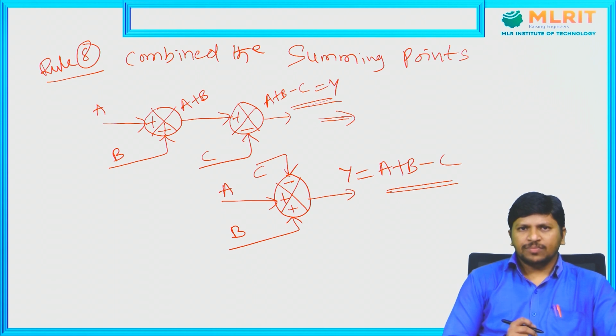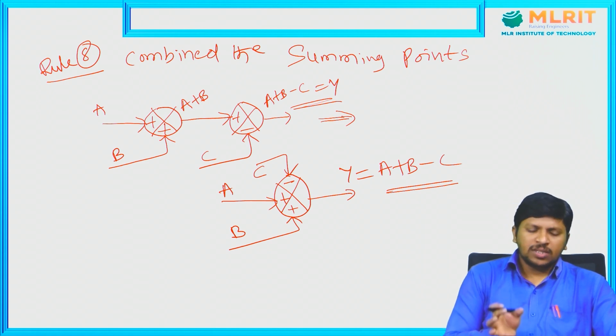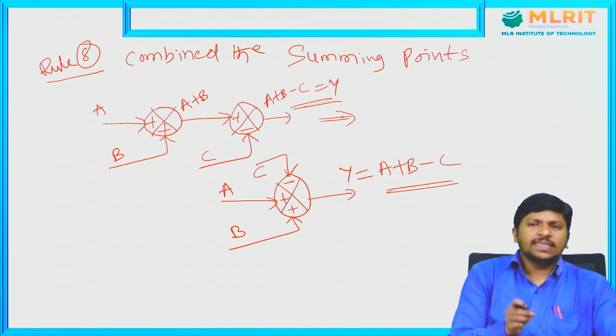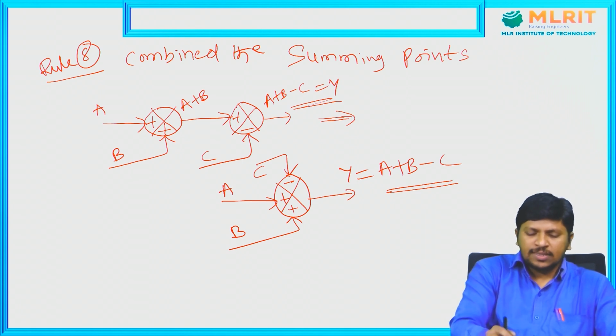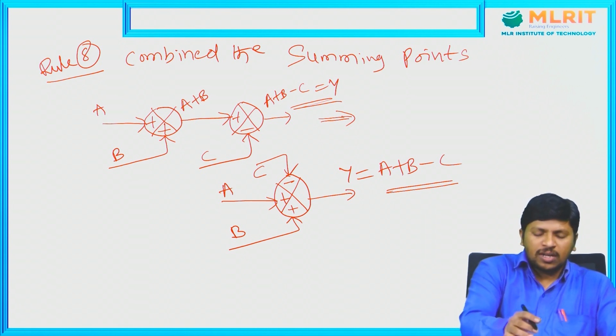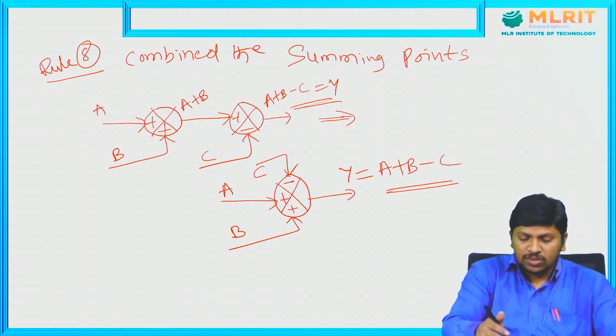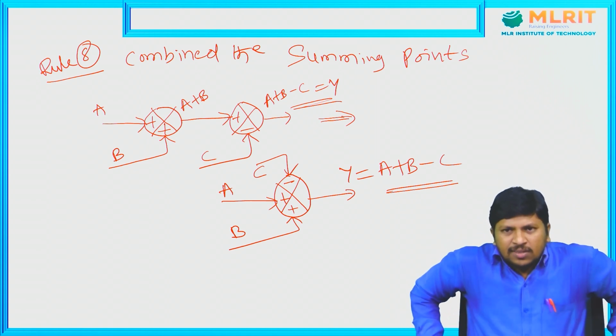Combine the two summing points. If any two or three summing points are available in a block diagram, we can combine them into a single summing point. I arranged the two summing points into a single summing point, right?